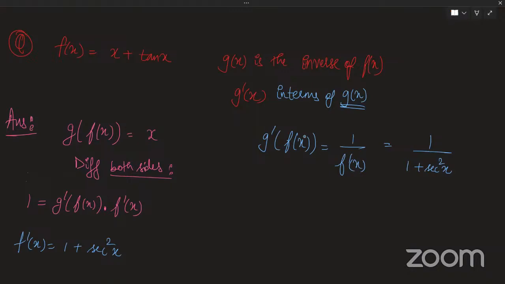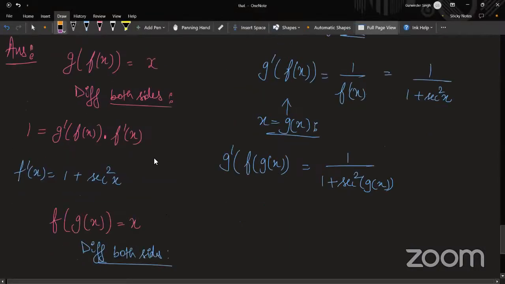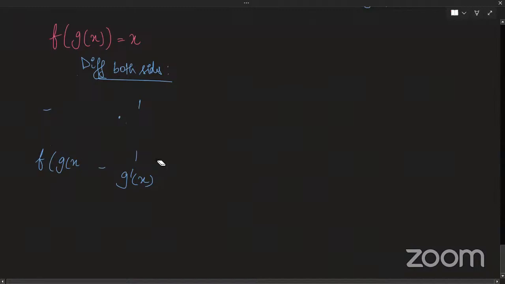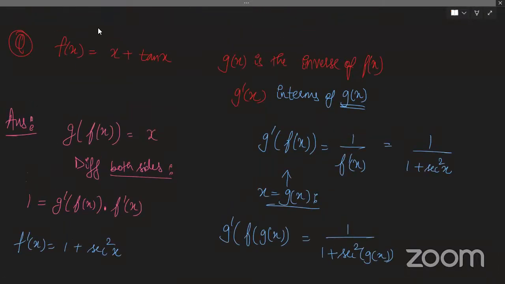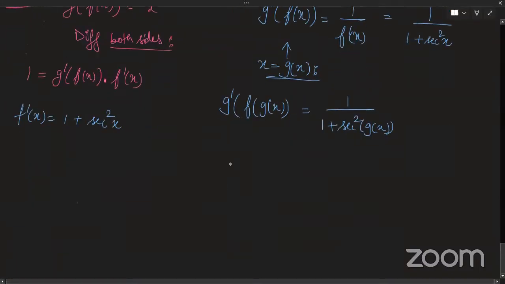So if in place of x I substitute g of x over here, this thing will become f dash of g of x is equal to 1 by 1 plus secant square of g of x. So what will be my value of f of g of x?